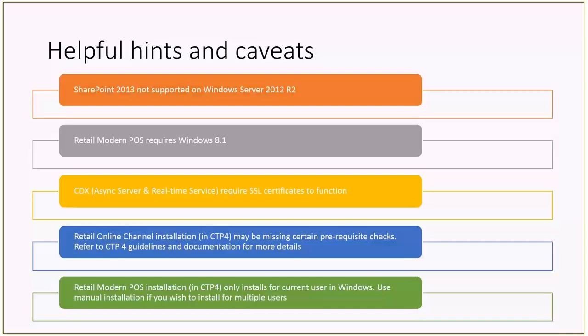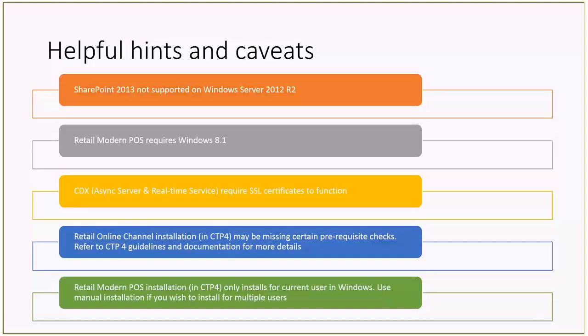You require Windows 8.1 and above. So at this point, it's just Windows 8.1, but that's the minimum requirement. So Windows 8.1 would also mean all your SKUs of Windows 8.1 along with your Windows 2012 R2 SKU if you so choose to install on a server edition of Windows.